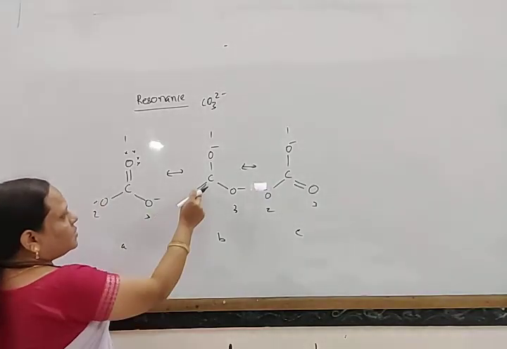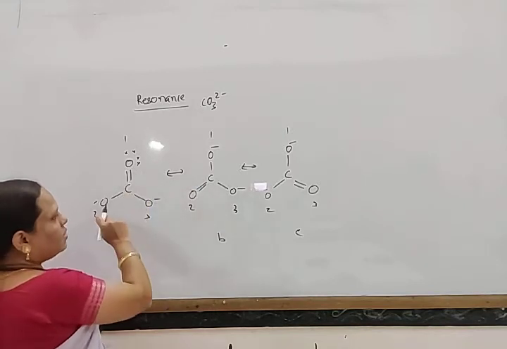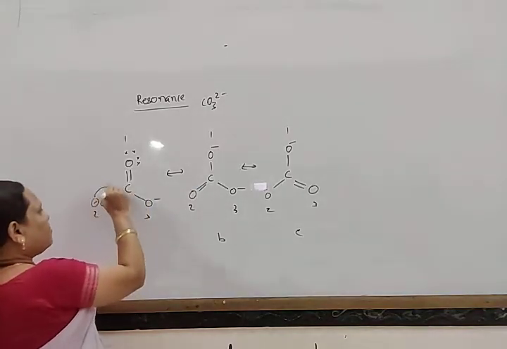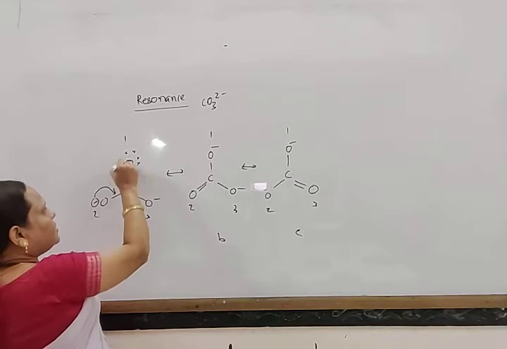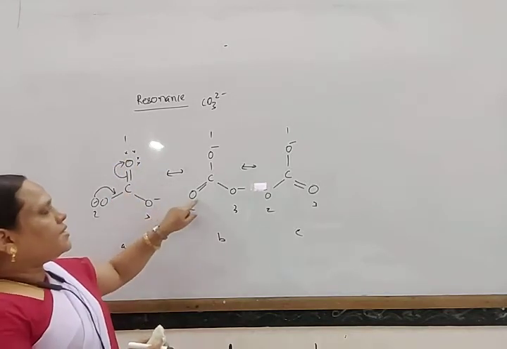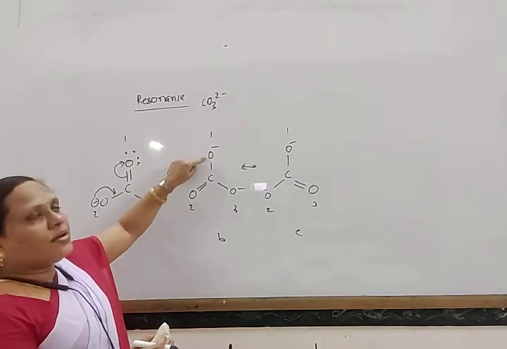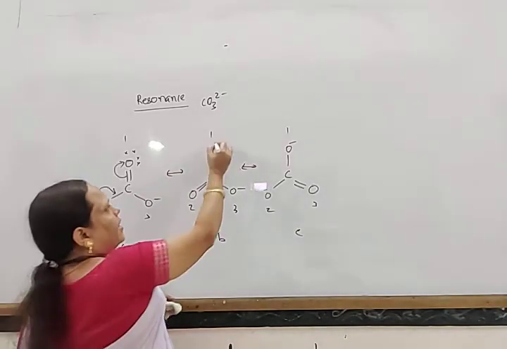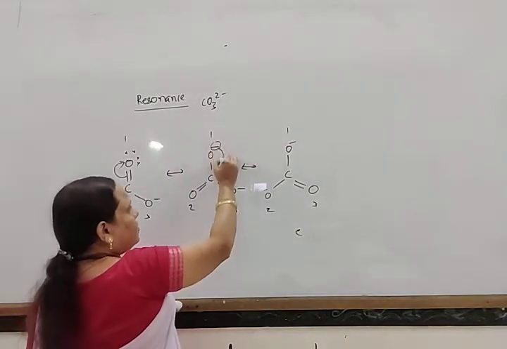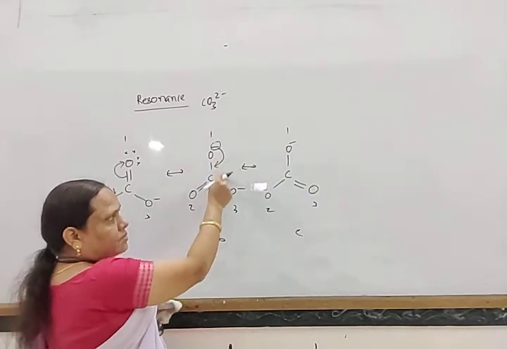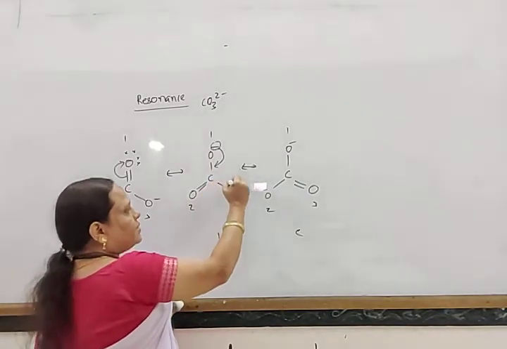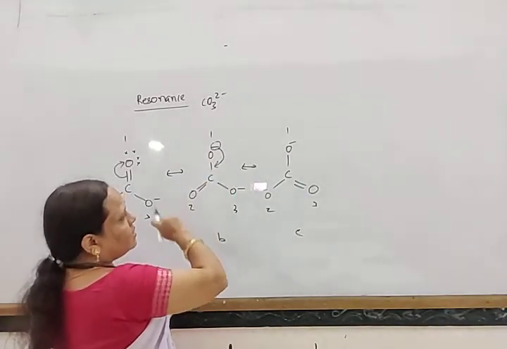Suppose this is the double bond, this is the lone pair. This electron pair comes here and this bond comes here. In this case a double bond develops here on the oxygen atom. And again, this pair of electrons comes here, it forms a bond, and so it forms a double bond.